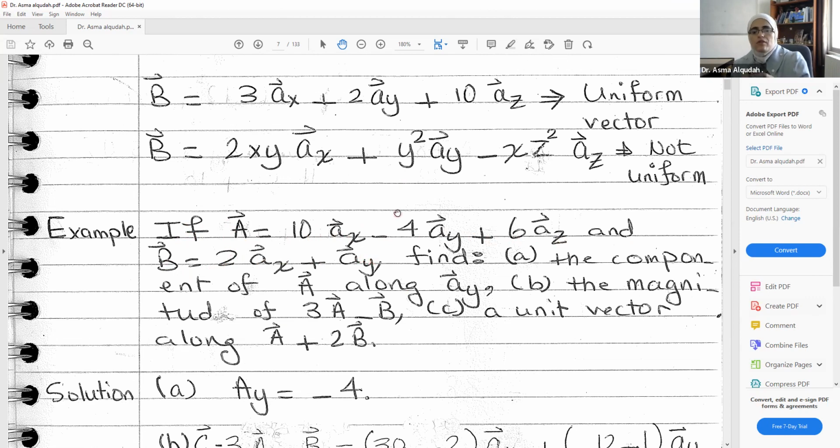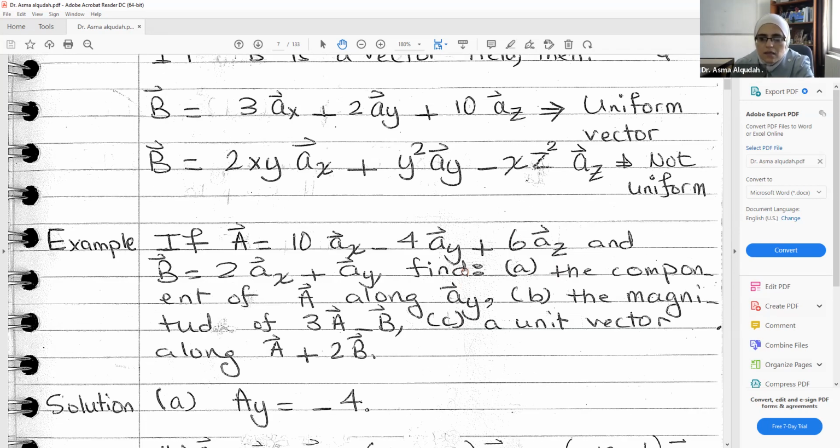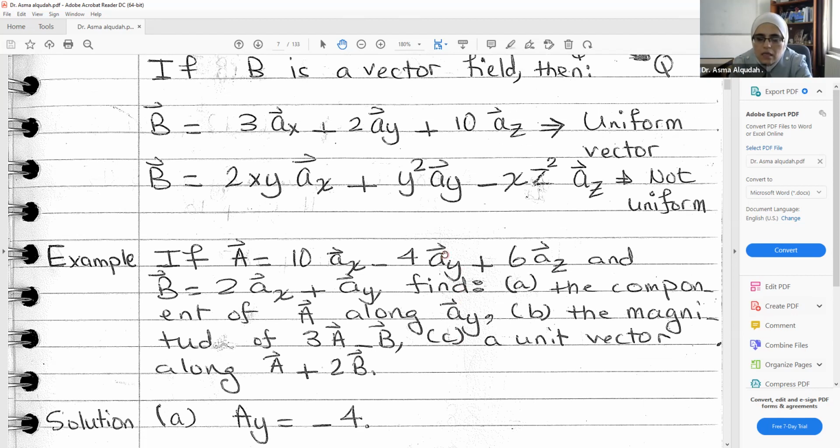Both of them are uniform vector fields. We are asked to find some calculations from these two vectors. Part A asks us to find the component of A along a sub y.